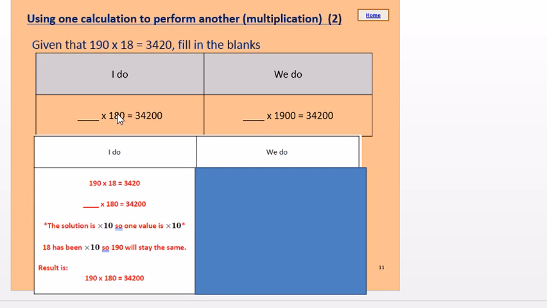Now 180 is 10 times bigger than 18. Our answer is also 10 times bigger than their answer. So 190 must hold exactly the same value. So this is going to be 190 times 180 equals 34,200. Please try the we do for yourselves.